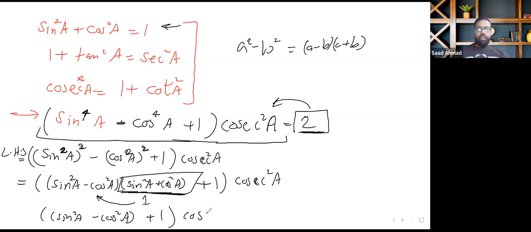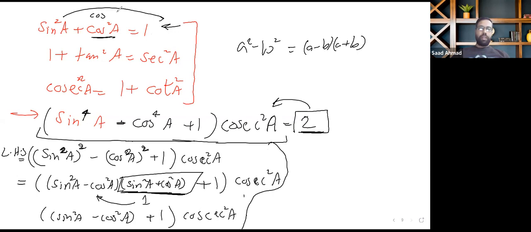And then we are multiplying it with this sine squared A minus cos squared A. If I manipulate the above identity to find the value of cos squared A, I move the sine squared to the other side.